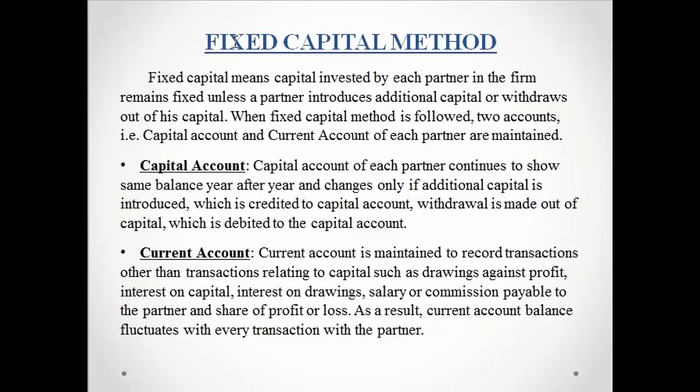The answer is very simple: to record all other transactions like interest on capital, salary, commission, divisible profit, drawings, interest on drawings, etc. If the capitals are fluctuating, make only one account called partner's capital account, and if the capitals are fixed, prepare two accounts, one capital account and one current account. I hope my explanation is clear for you.